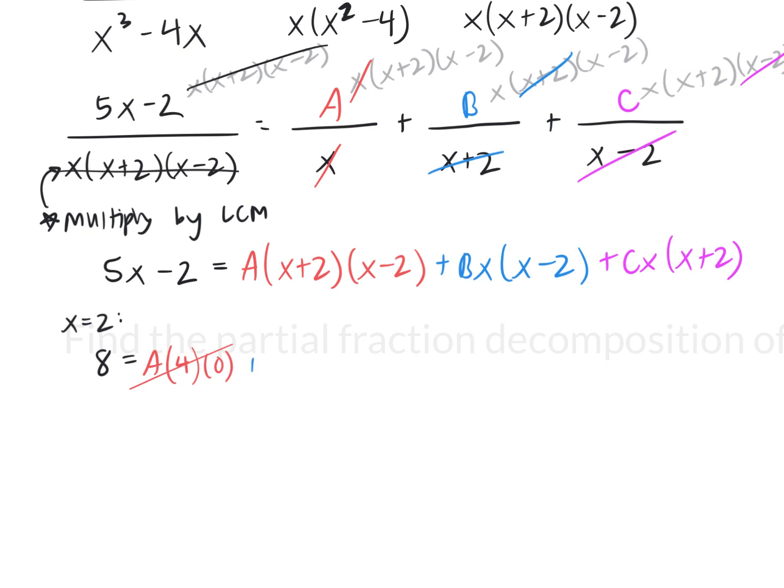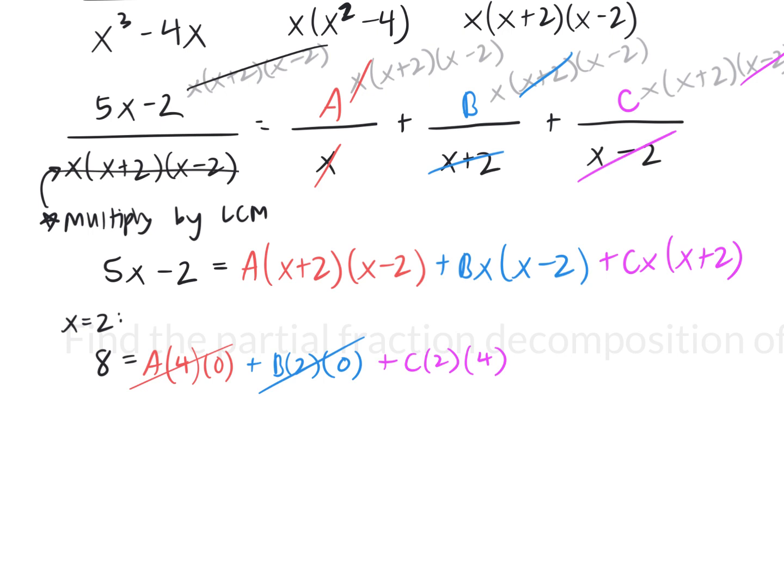Okay, if I plug in 2 for the second one, I've got b times 2 times 2 minus 2, which is also 0. So this one also is going to go away. And now just by choosing a smart x value, we have c times 2 times 2 plus 2, which is 4. So now I only have the variable c.